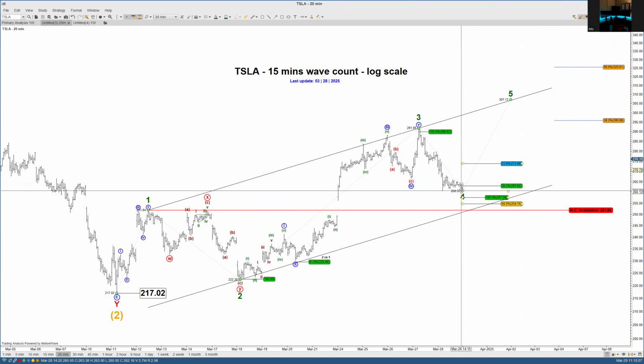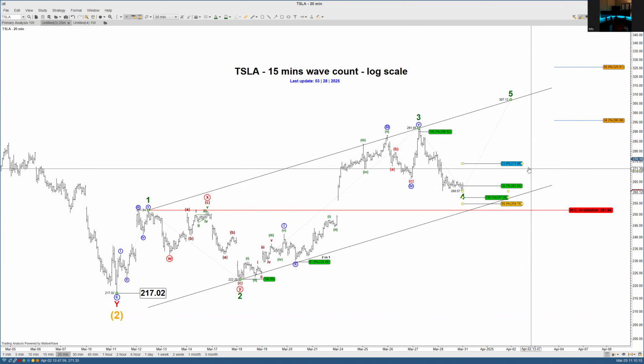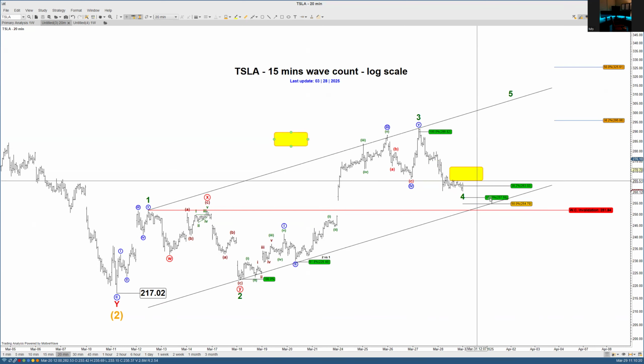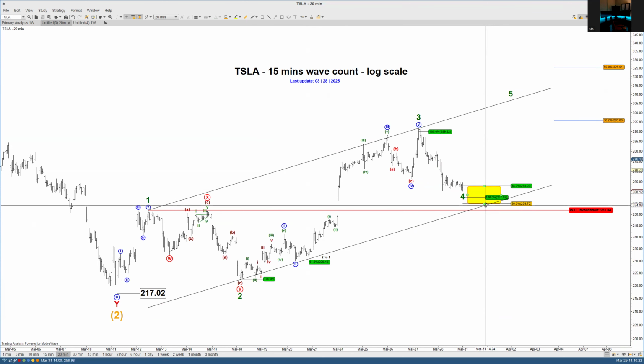You don't want to see the fourth wave retrace below the original wave 1 high. So you can make a case here for a fourth wave in this zone against this invalidation. Okay, the price needs to stay here.